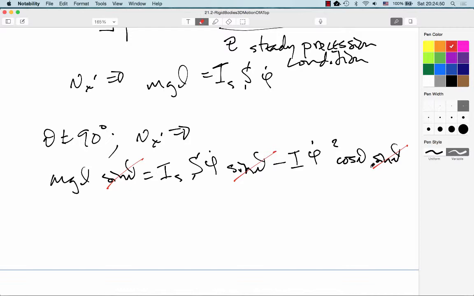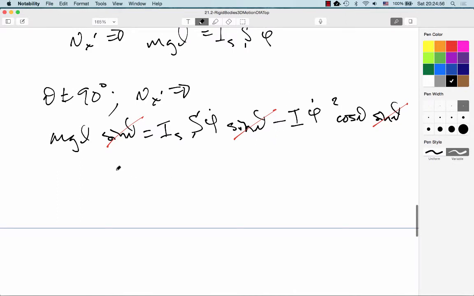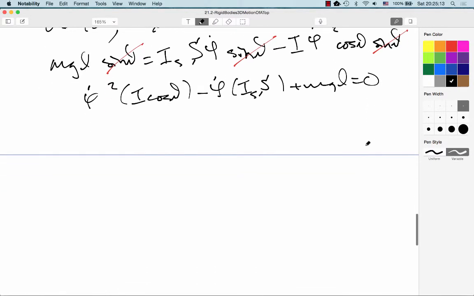All right. Now we can solve this for phi dot. So we'll get into standard form first. We'll have phi dot squared times I cos theta minus phi dot I_S S plus mgl equals 0. That's a quadratic in phi dot, so we can solve for that with the quadratic formula.